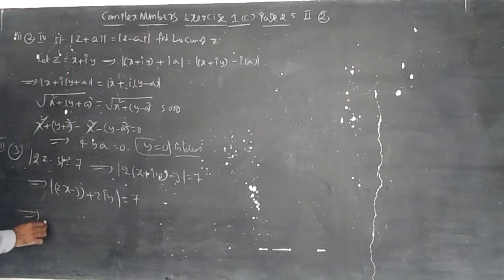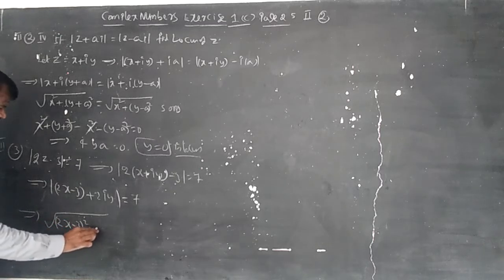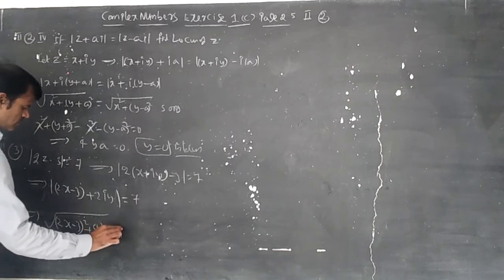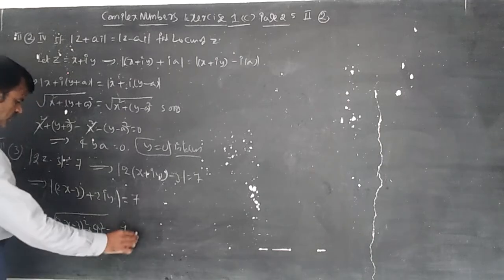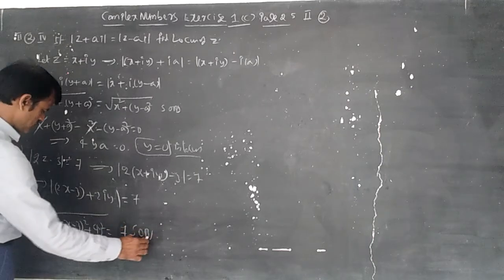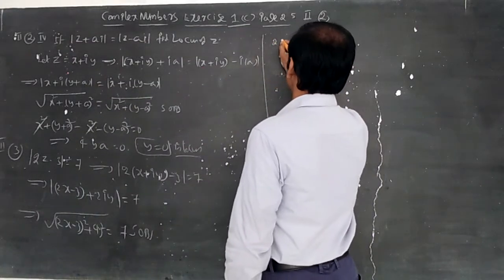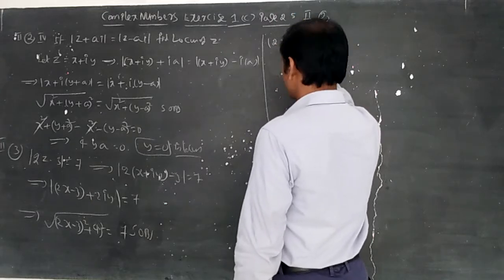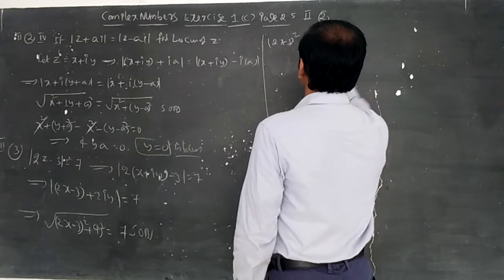That implies modulus meaning square root of component square plus component square equals 7. By squaring both sides, we can write here (2x minus 3) whole square plus 4y square is equal to 49.